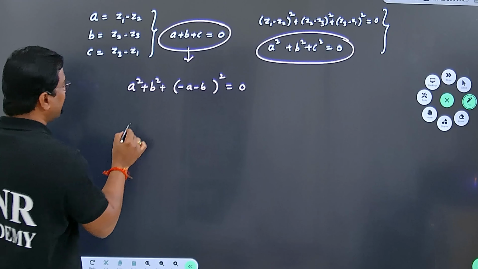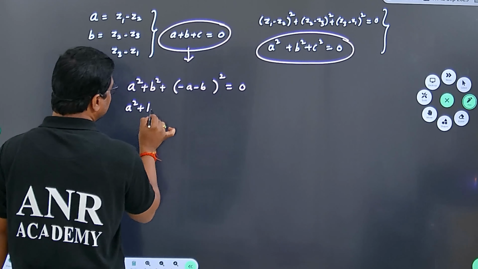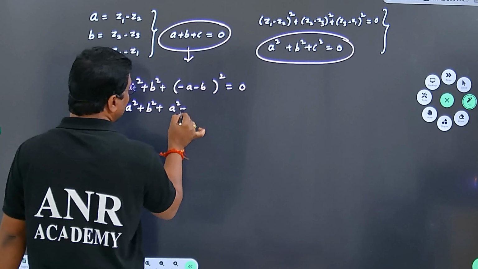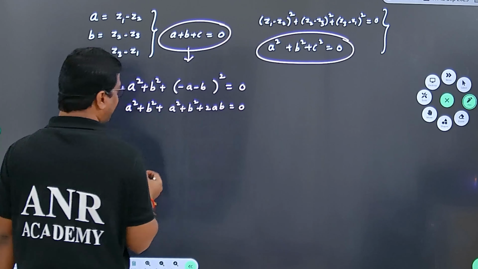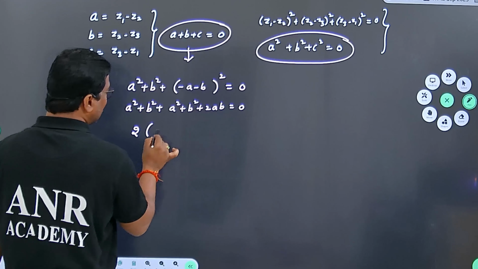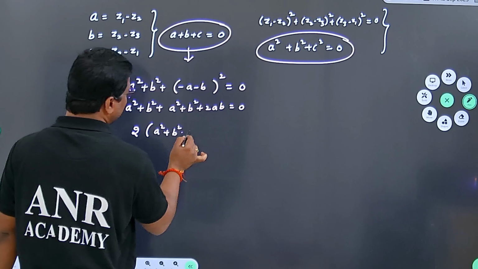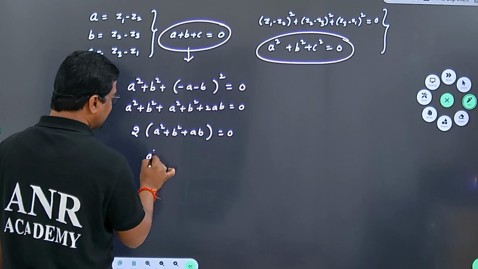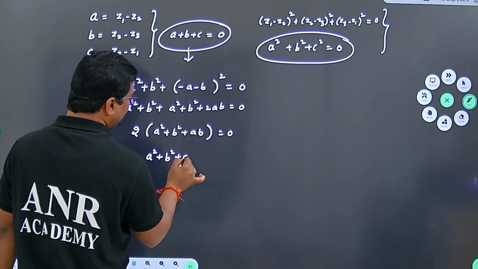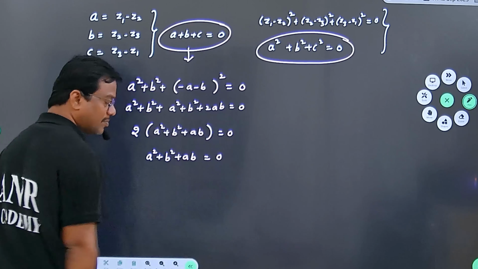Hence after expansion, a square plus b square plus a square plus b square plus 2ab is 0. So 2 times a square plus b square plus ab becomes 0, and hence a square plus b square plus ab is 0.